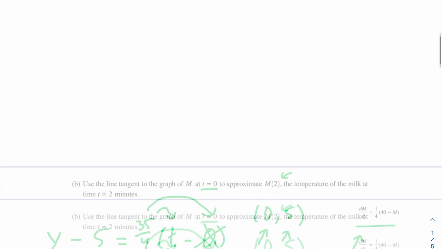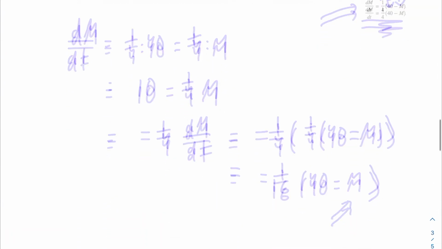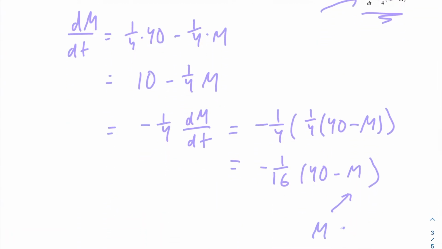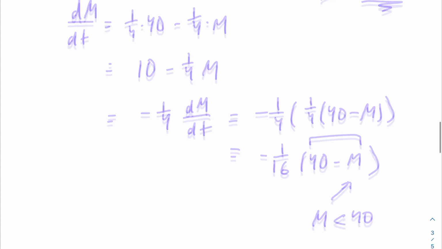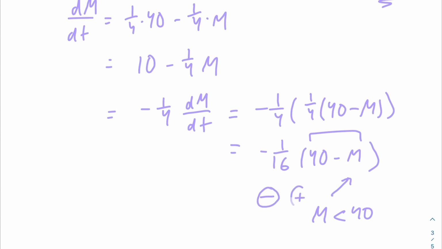So what that means for us with problem C is that m is always going to be less than 40. So this whole expression here will never be negative, and it will never be 0. It'll always be greater than 0. So since we're multiplying a negative times something that's always going to be positive, our second derivative is always going to be negative. Okay, so let's go ahead and write that out.